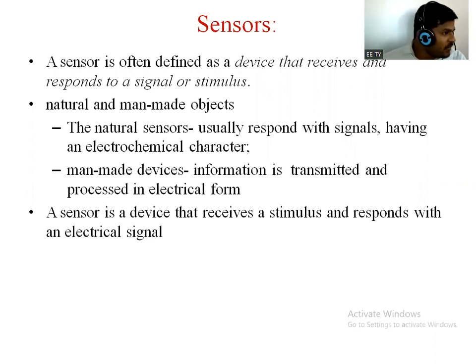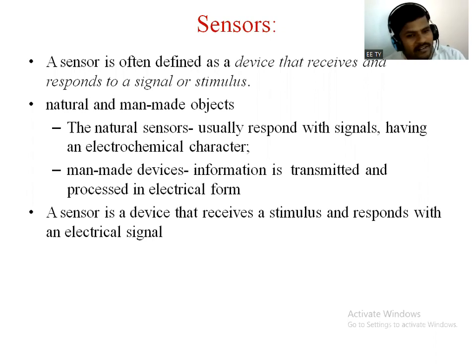We are considering the man-made object, which is the sensor, and it is used for our automation or controlling purpose. A sensor is a device that receives a stimulus, or a signal, and responds with an electrical signal. That means it responds to that stimulus in electrical form.